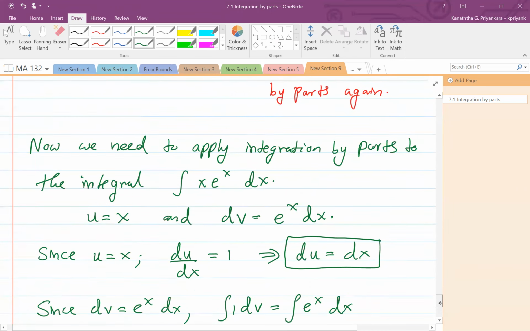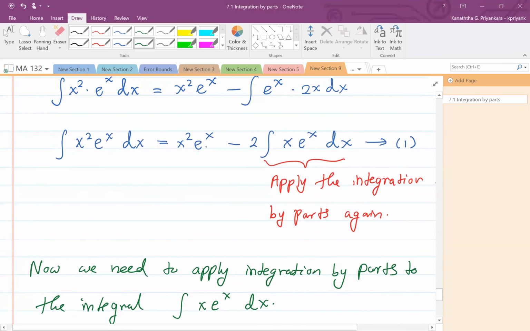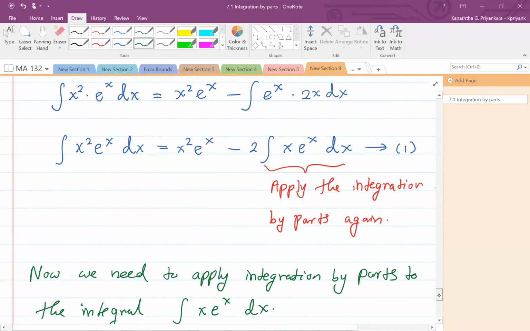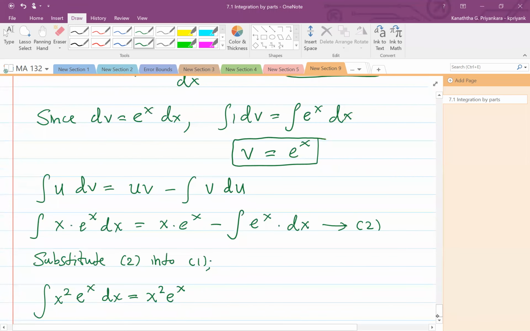So we can write this as x squared e^x minus 2 times the expression for integral x e^x, so we have x e to the power x minus integral e to the power x dx.